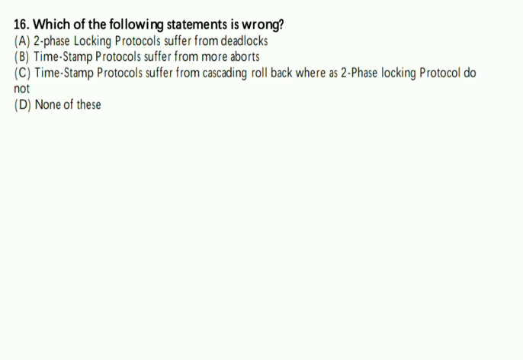Here, a transaction must hold all its exclusive locks until it commits or aborts. Timestamp protocol is not recoverable and can lead to cascading rollback. Using locks that block processes, the two-phase locking protocol may be subject to deadlocks that result from the mutual blocking of two or more transactions. So option C is the wrong one here.